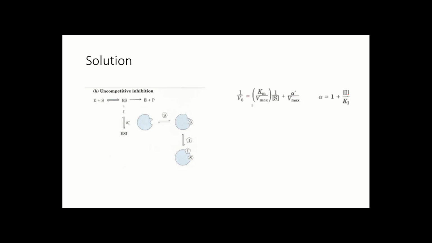I is the inhibitor concentration and Ki is the equilibrium constant of the reaction ES + I giving ESI. So in this reaction, the equilibrium constant is Ki.